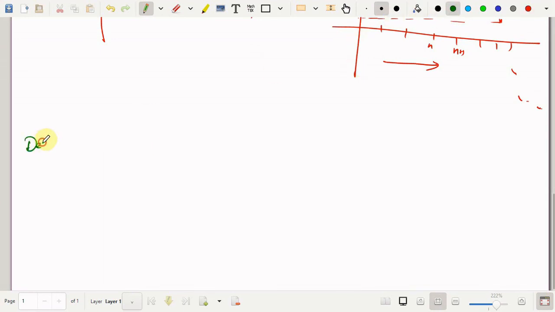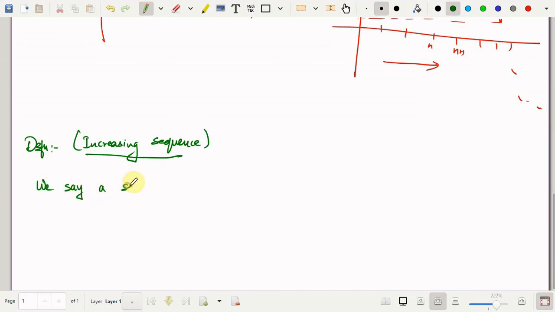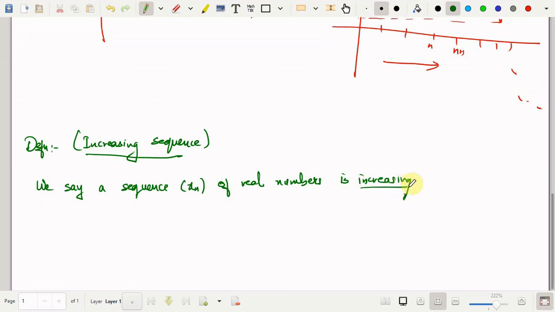So the definition of increasing sequence: we say a sequence xn of real numbers is increasing if for each n we have xn is less than or equal to xn plus 1.